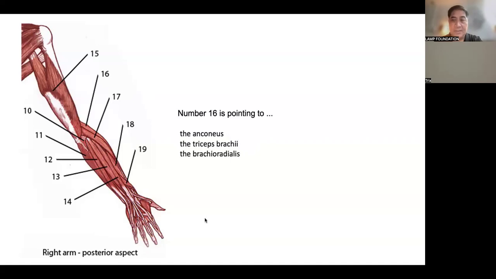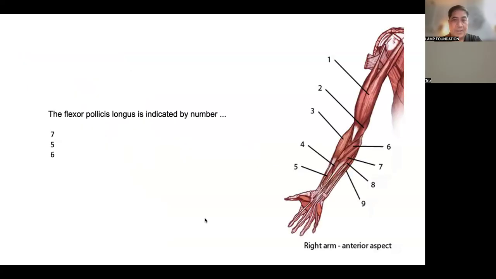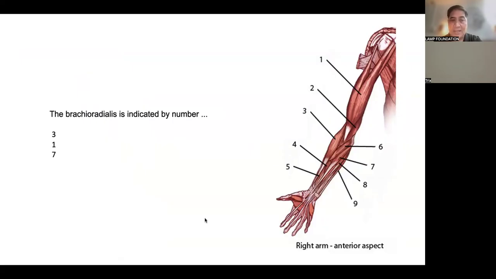Number 16 is pointing to the brachioradialis. Okay. Number 14. It's the extensor digitorum. Okay. Flexor pollicis longus. It's number 5. Yes. Brachioradialis is what number? Number 3.